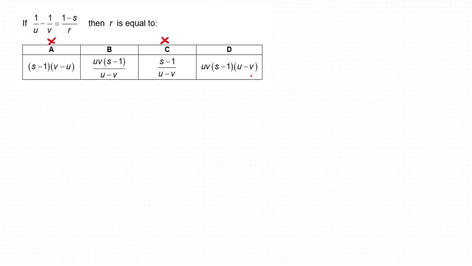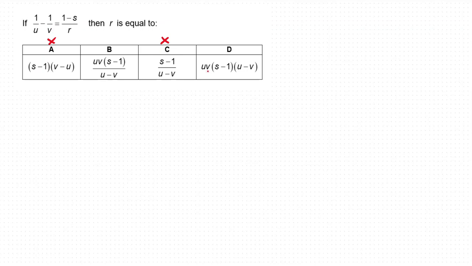Then I could analyze this a little further. If I add those together, I'm going to get a UV as the LCD and a V minus U term or a U minus V term, and that will be on a different level to the UV.